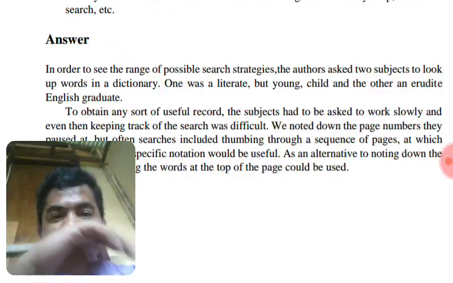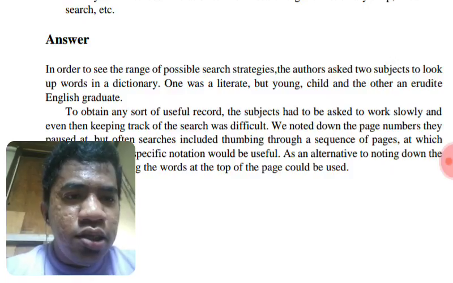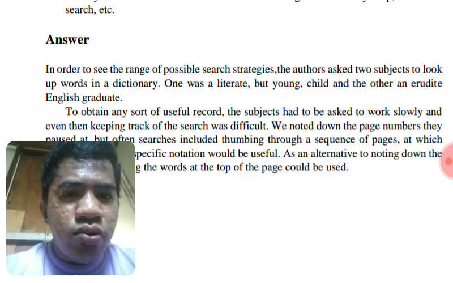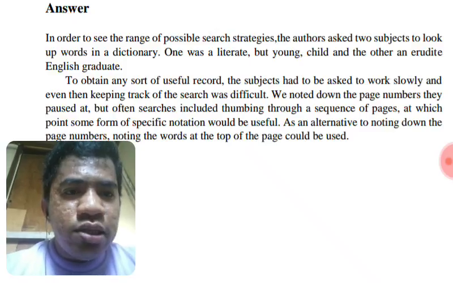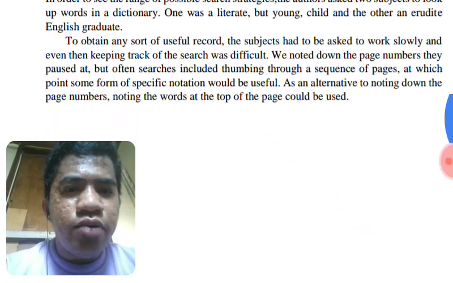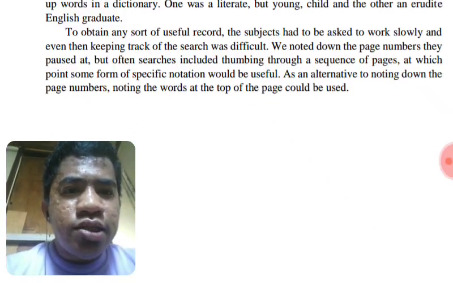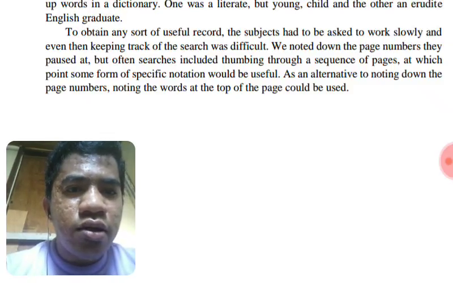Answer. In order to see the range of possible search strategies, the author asked subjects to look up words in a dictionary. One was a literate but young child, and the other an erudite English graduate. To obtain any sort of useful record, the subject had to be asked to work slowly, and even then keeping track of the search was difficult.